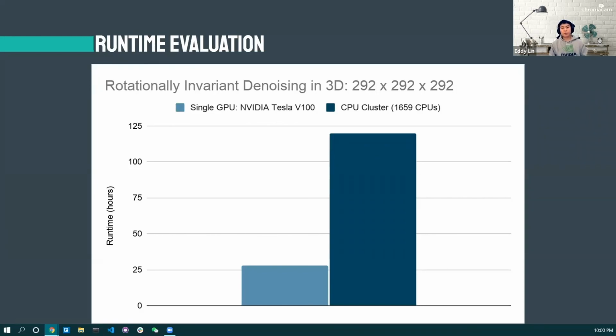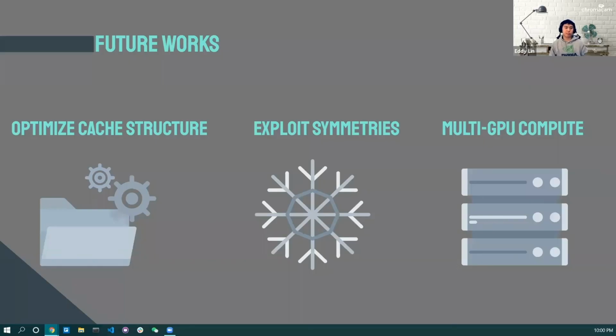Now let's talk about what we can improve on in the future to get even better performance, both in the denoising and in the actual runtime itself. To begin with, we can optimize cache structures, which could potentially make a big impact on the runtime of our algorithm. Next, we would be able to exploit symmetries.